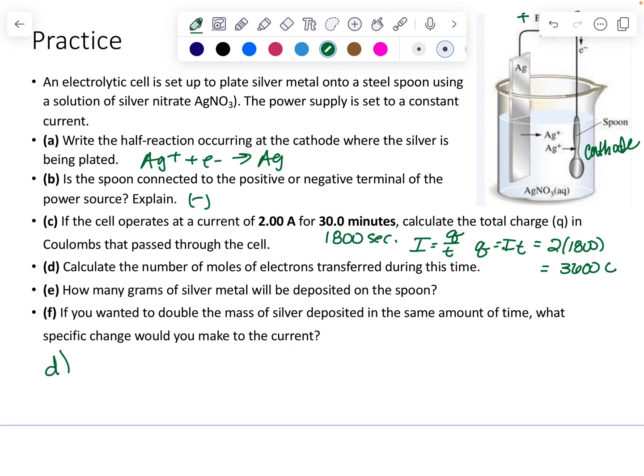I'm going to do this down here. I think it's 0.0373. Yes, 0.0373. Good.